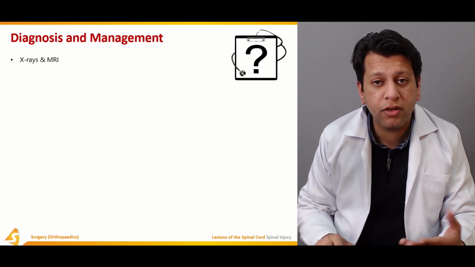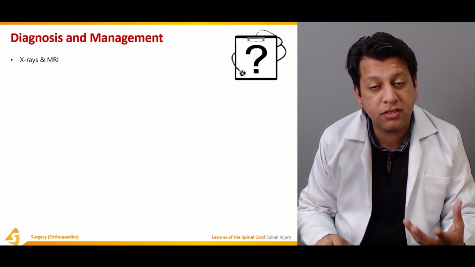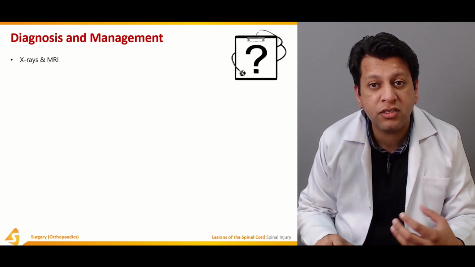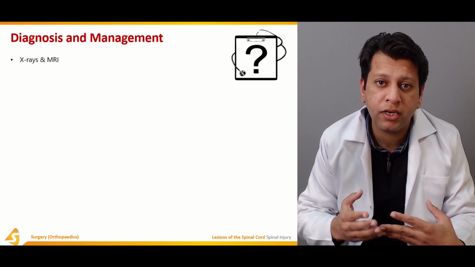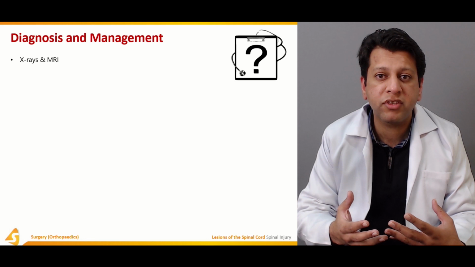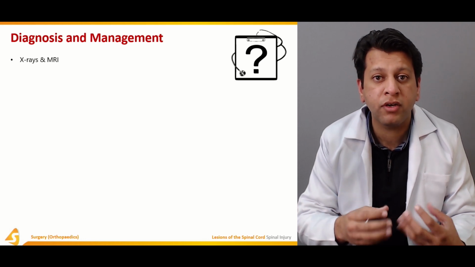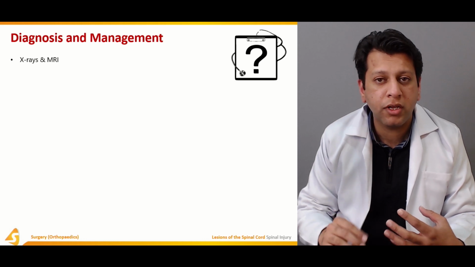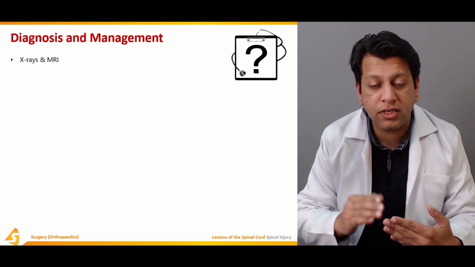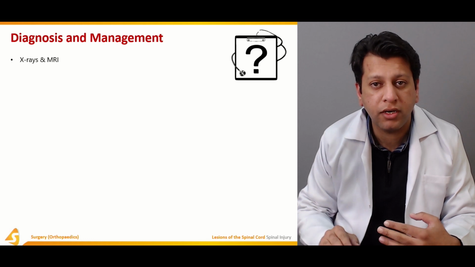MRI is good enough that it not only picks up where exactly the problem is and what kind of lesion this is, whether something is coming and compressing the spinal cord from outside, or it is due to edema of the spinal cord, or due to herniation of the disc compressing the spinal cord. That will rule out the exact etiology or pathology behind the spinal cord compression.